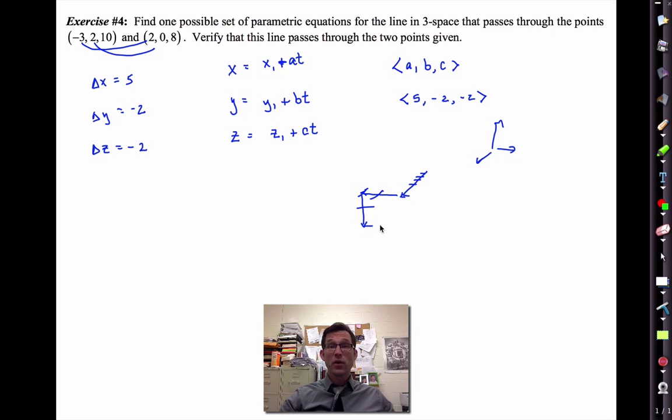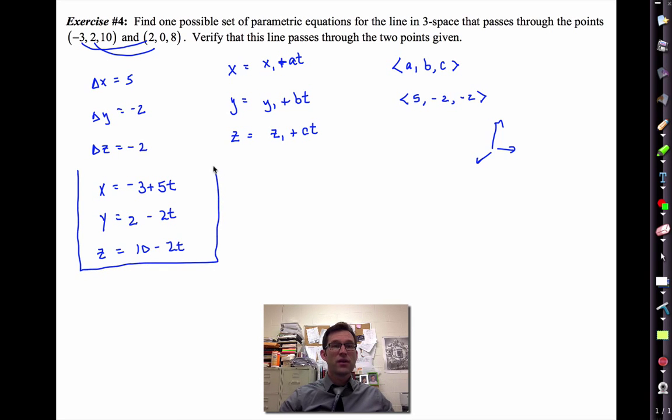So it's actually very, very easy to create the equation of a line in 3-space. All we have to do is say x equals -3 plus 5t, y equals 2 minus 2t, and z equals 10, also minus 2t.